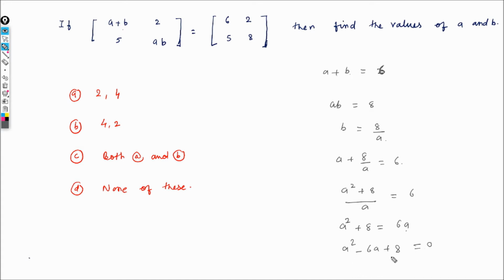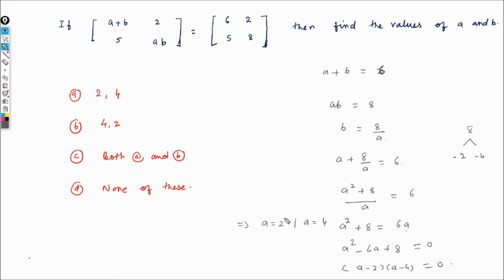So factorize this quadratic equation. The factors of 8 are 2 into 4, and whose addition is minus 6. So its factors are (A minus 2)(A minus 4) is equal to 0. This implies A is equal to 2 or A is equal to 4.